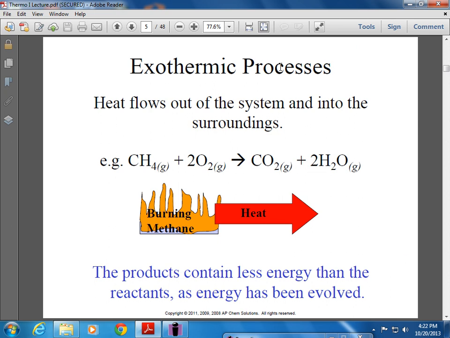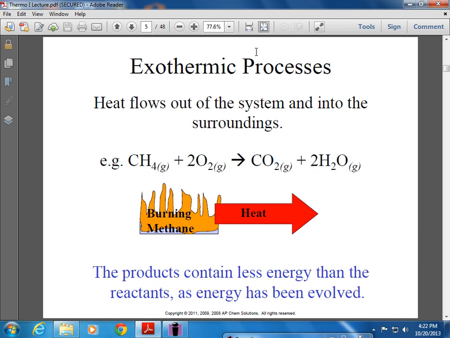Some of this energy changes in the form of pressure and volume. As that happens, the heat gets released and it causes the gas to expand. The gas expanding is another form of energy that can do work. Work is a force times distance that you do on an object. We in chemistry only tend to focus on the heat that's lost or gained, and that accounts for most of the energy that happens.